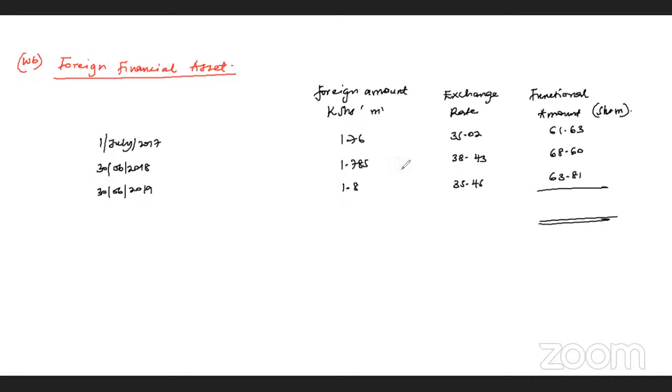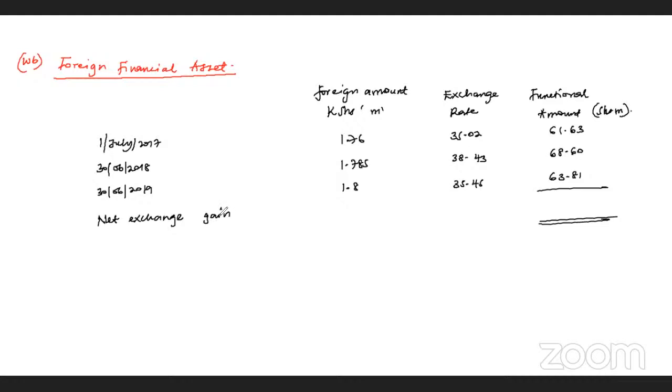Then from 30th June 2018 to 30th June 2019, we have a fall in the fair value of this asset. So we have a net exchange gain.